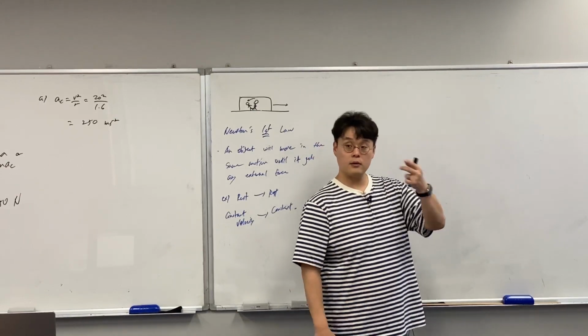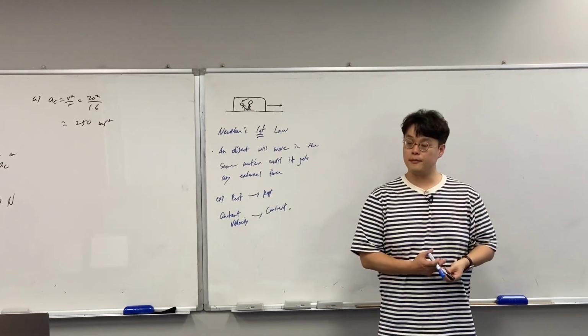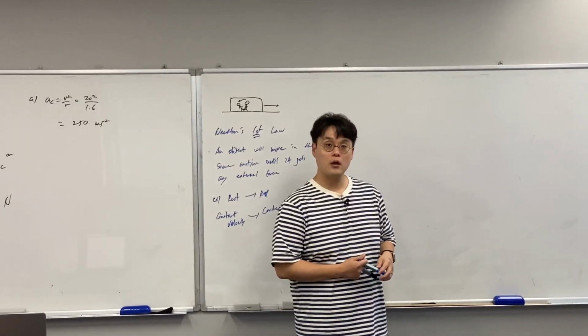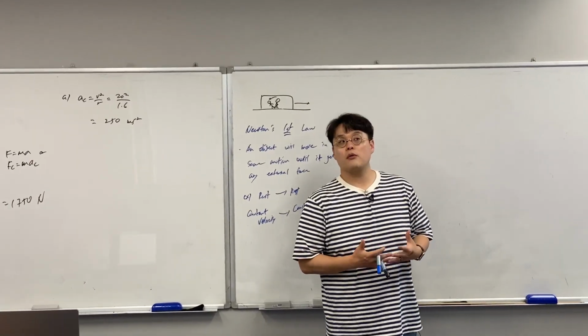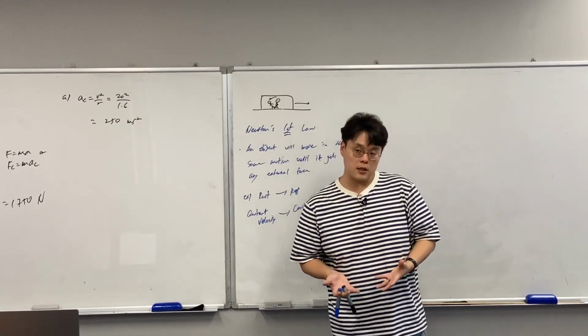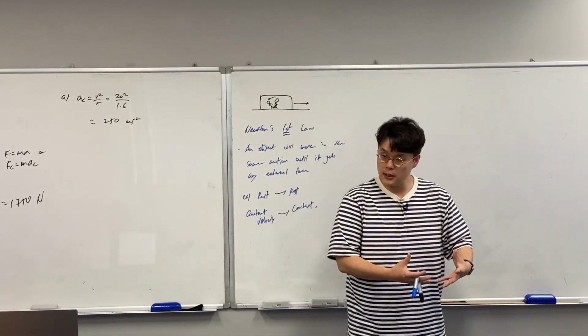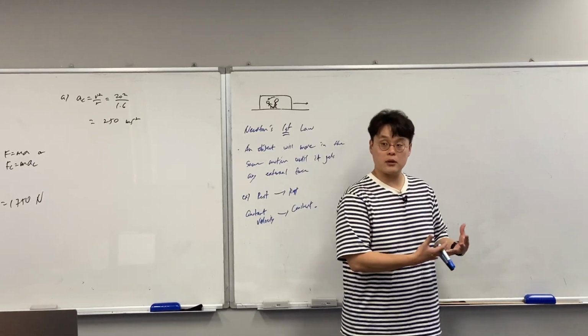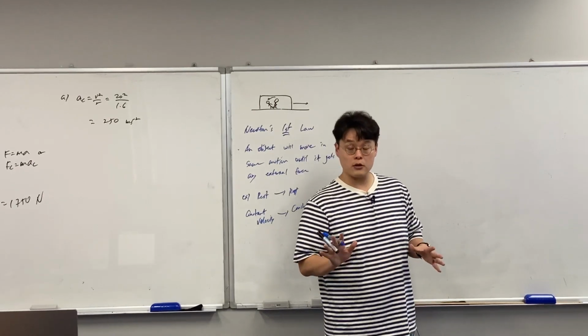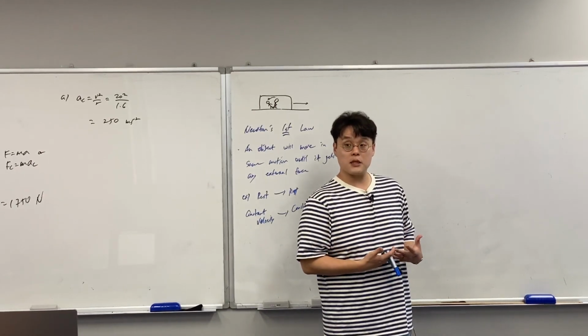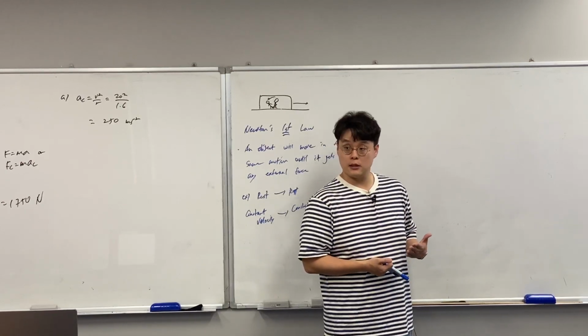Is it okay to say the external force of the tram displaces it, which causes inertia? No, inertia will be carried by Phil every single time. Because of the inertia, he's moved back. It feels like he's moved backward, but actually Phil is just trying to stay at the same spot.